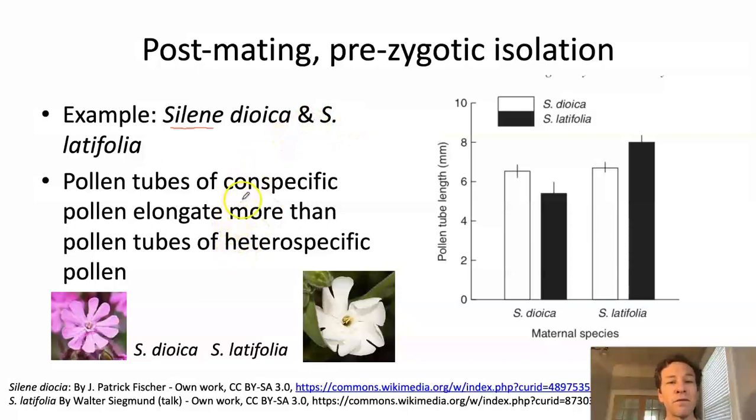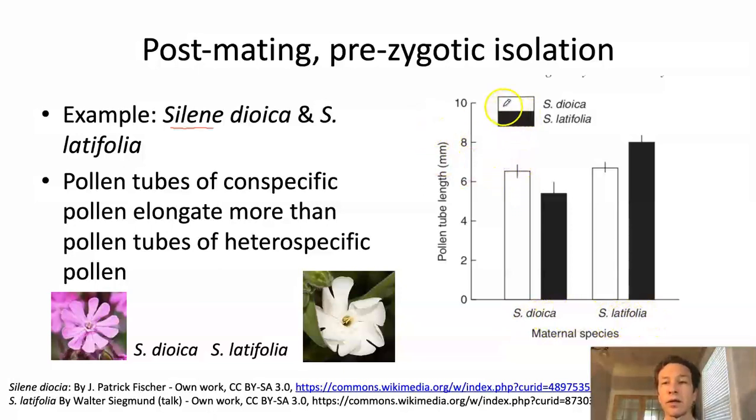And what we looked at specifically is, first, how well do pollen tubes grow in flowers of the own species compared to flowers of the other species. We tested this on both species. So we had dioica as the plant receiving pollen and latifolia as the plant receiving pollen.